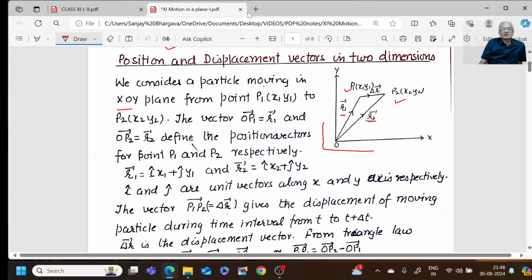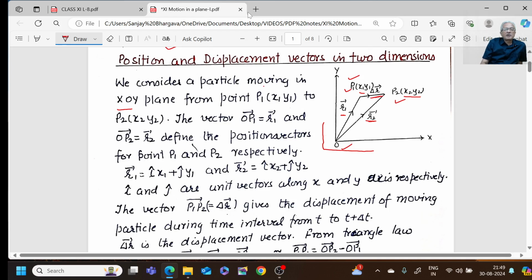The vectors which describe the positions of a point in space with respect to the origin are called position vectors. The coordinates of the point P1 are x1, y1, and for the point P2 are x2, y2. Delta R represents the displacement from point P1 to point P2.